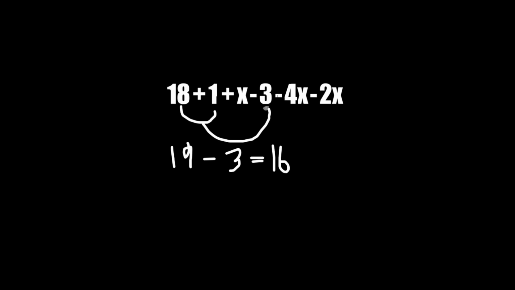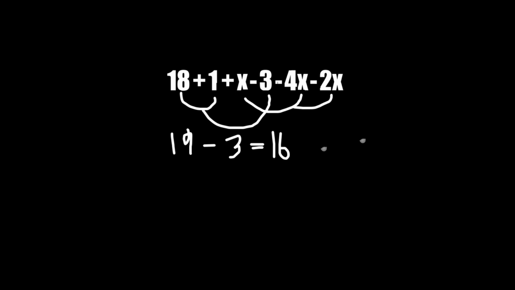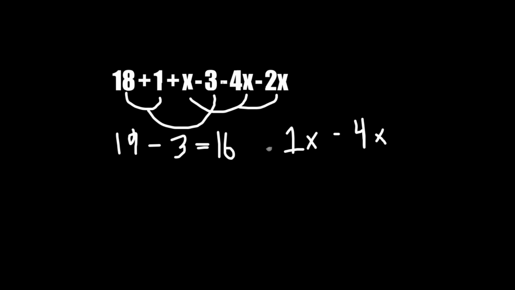And now let's identify the variables and coefficients. So this is a variable x minus 4x minus 2x. As we know, any variable that is alone always has an invisible 1. So 1x minus 4x minus 2x. 1x minus 4x is negative 3x.